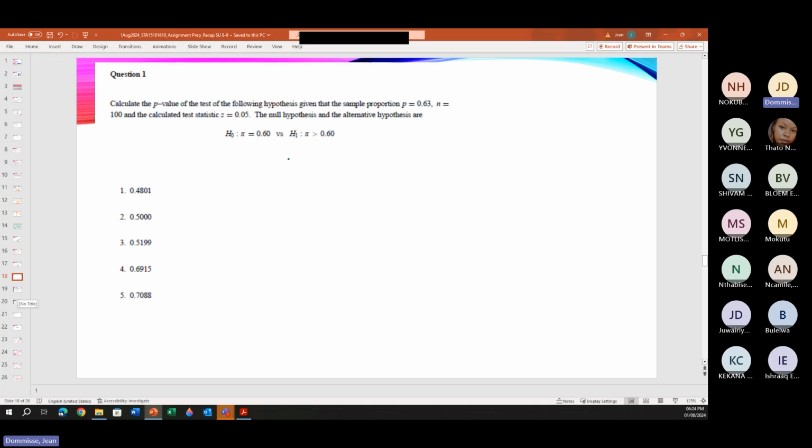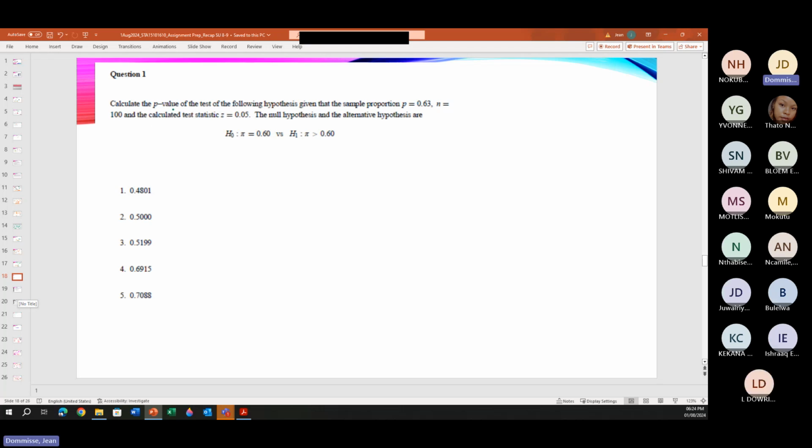So specifically, again, I'm looking at hypothesis testing. Calculate the p-value of a test of the following hypothesis, given a sample proportion, n of 100, and the calculated t-stat, z equal to 0.05.